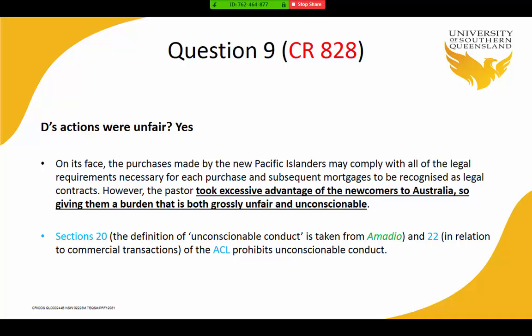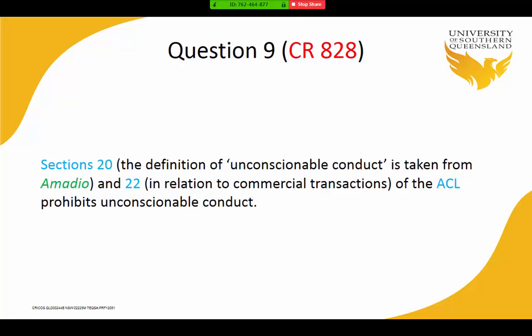There's also at the end a reference to the ACL, which is the Australian Consumer Law, and we'll talk more about that when we talk about contracts. But remember always that this analysis has to go through both common law, like unconscionable conduct, but also the legislative intervention in terms of the ACL. We'll talk about that in some more detail later on at the end of this course when we talk about contracts.